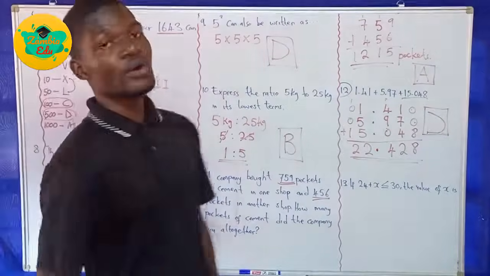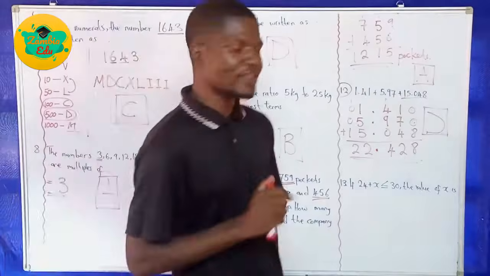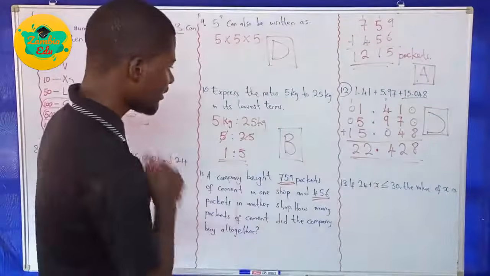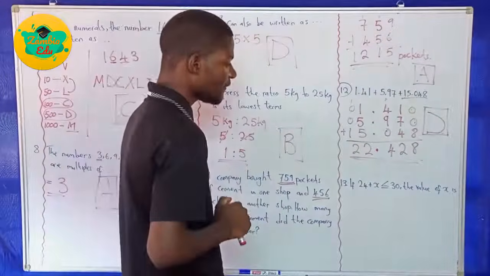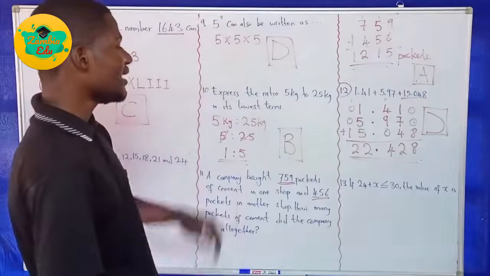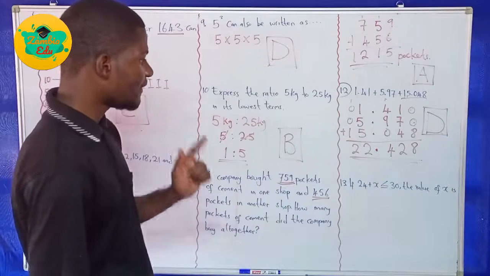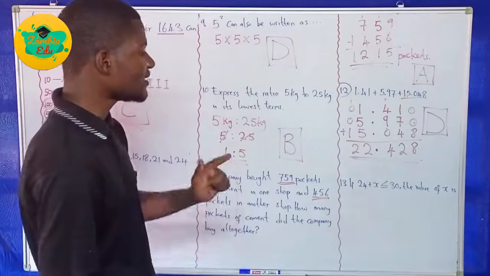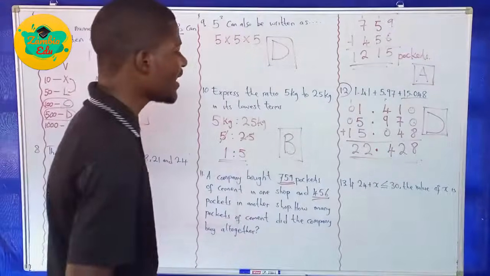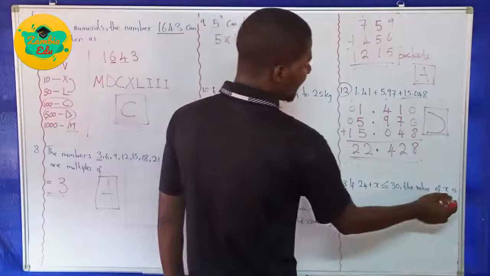Alright, we now go to question number 13. We are getting there. We'll be done very soon. Question 13. If 24 plus 3x is less than or equal to 30, the value of x is... So this question is simply asking us to find the value of x.